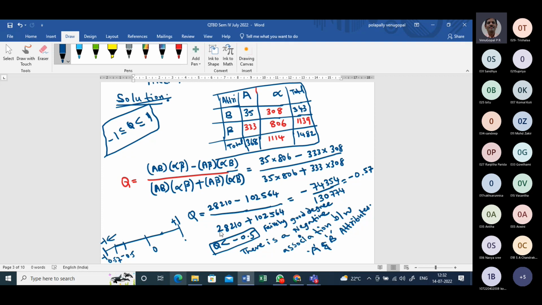That's why I say good, but negative. Because we do not know what is A, what is B, so simply I am telling, because I have to say a positive comment, fairly good degree of negative association.